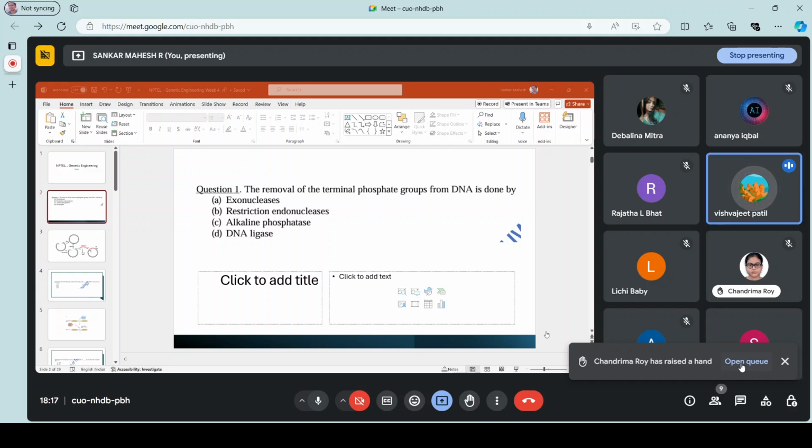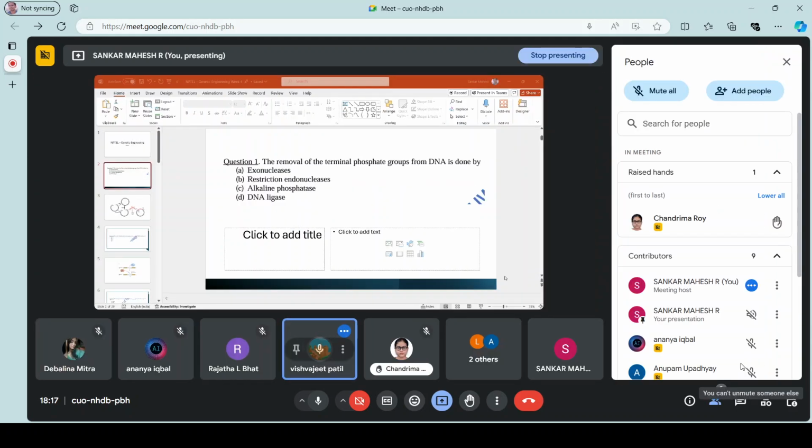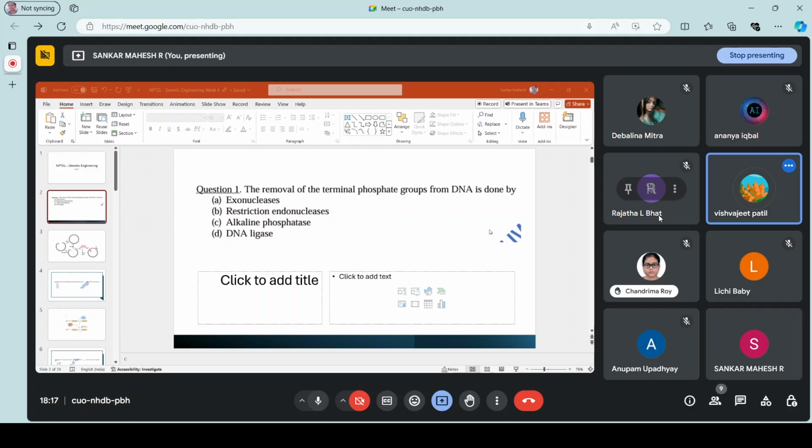No, another option is also there. What is that? Nucleases. Yeah, you have the name right. You have one more option here, exonuclease.